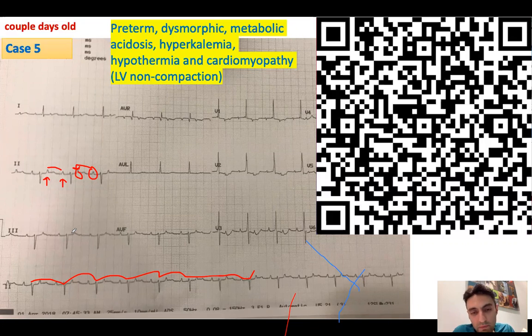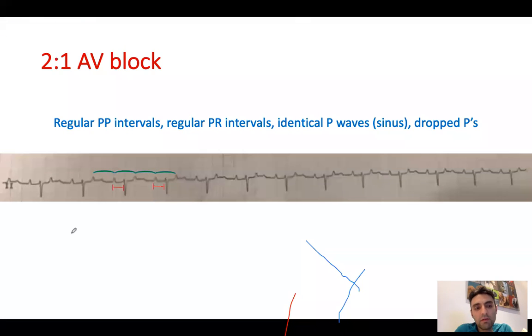In this case, there's no sinus bradycardia, just 2-to-1 conduction, and hence the QRS rate is slow. There are regular PP intervals and regular PR intervals. Each P that conducts has a fixed PR interval, a little bit long here. So the conducted P has first degree AV block, but there is a higher grade AV block, so you don't say first degree, you mention the highest grade within the ECG.